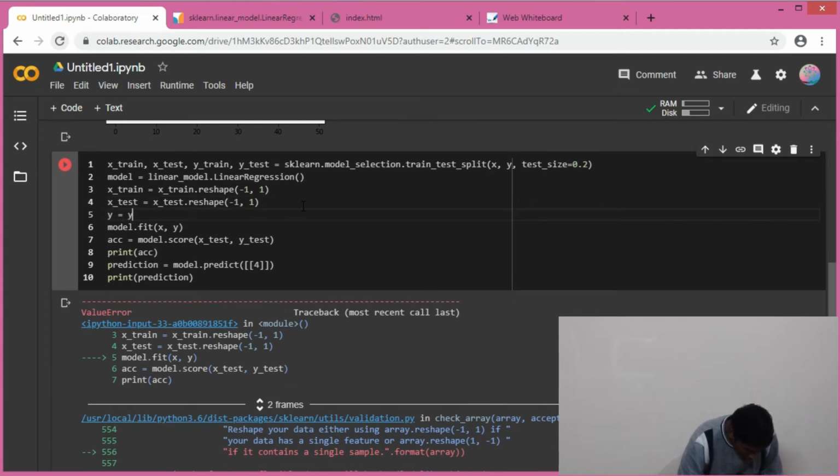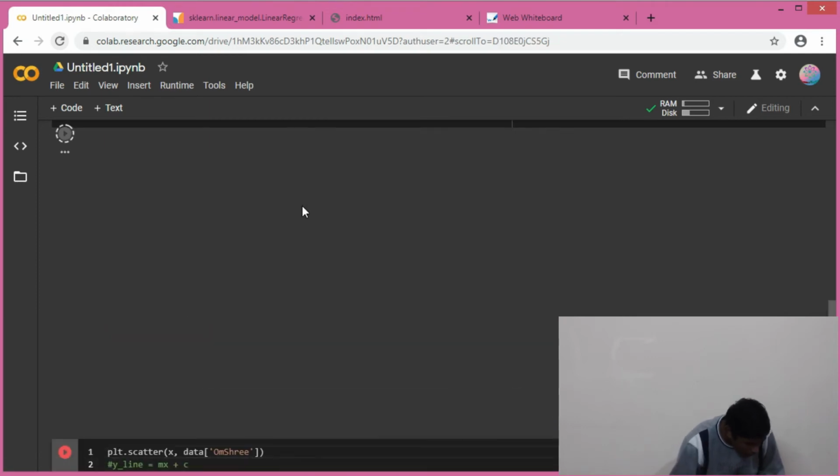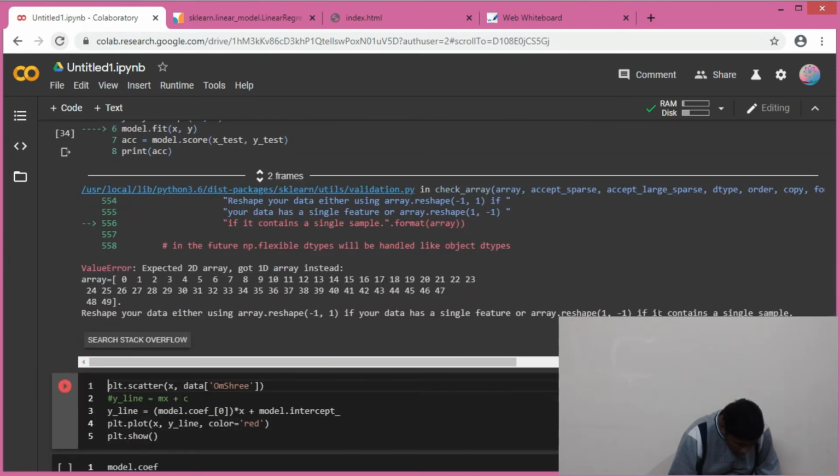y equals y dot... If somebody knows a better way to do it, just let me know. I will love him. Where is it getting the error? Single sample dot format.